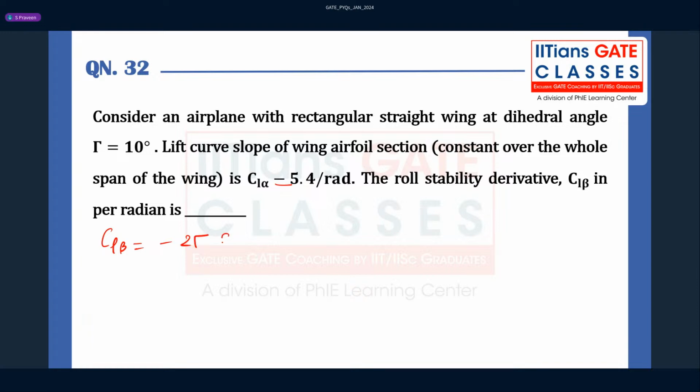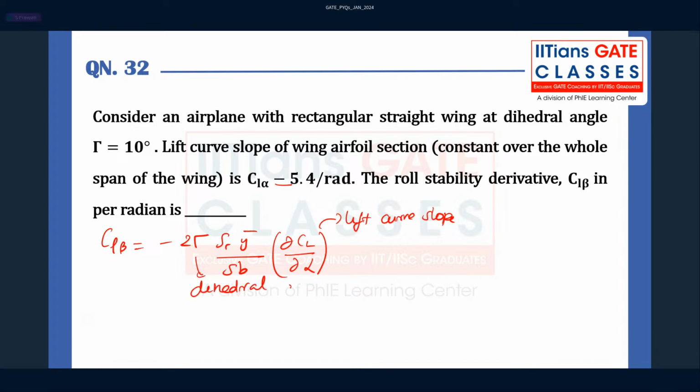It's minus 2 gamma, S gamma, y bar by S b, dou CL by dou alpha, where this is my lift curve slope and this is my dihedral angle. So if you substitute the values, I will have minus 2 into 10 degrees, multiplied by pi by 180 so that you get the answer in radians.